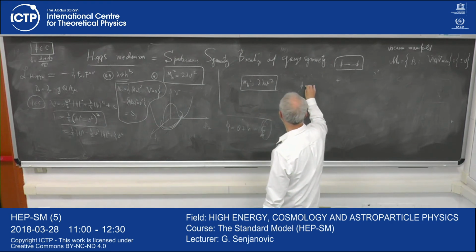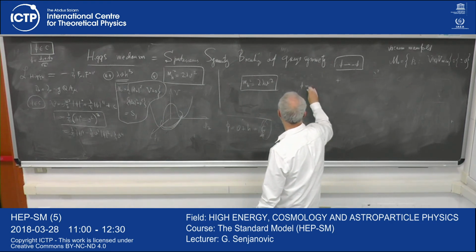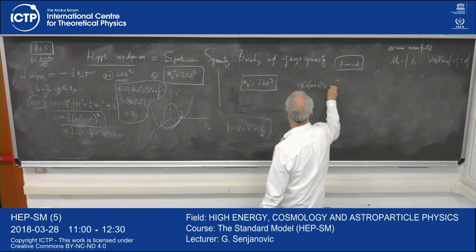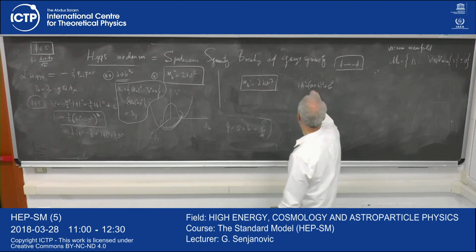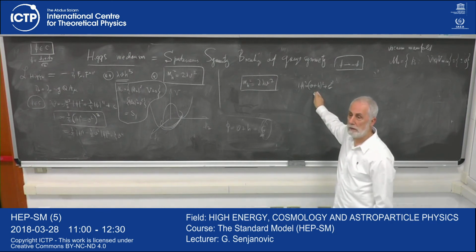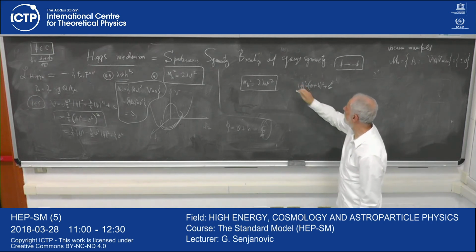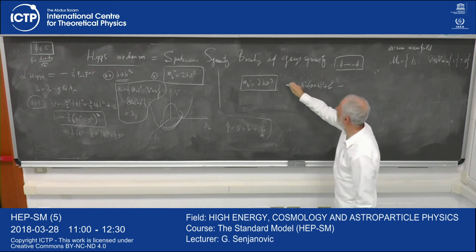Because phi squared is (v plus h) squared plus g squared. So notice that the physics of h is the same as before, the mass and the lambda interaction, the quadratic and quartic piece. From here, I'll get this.